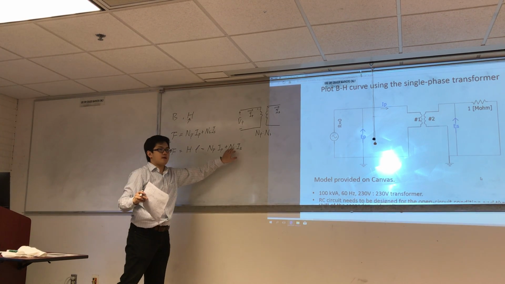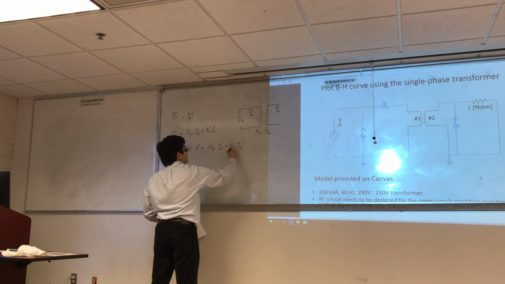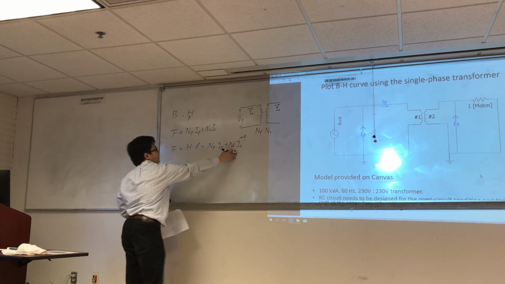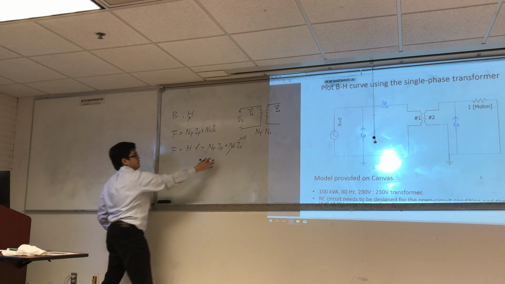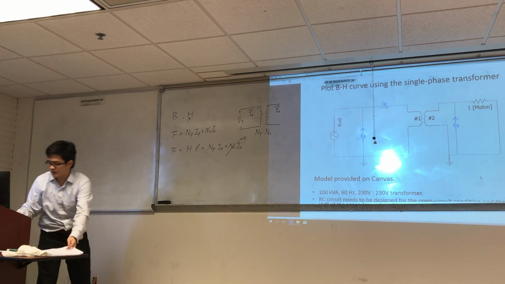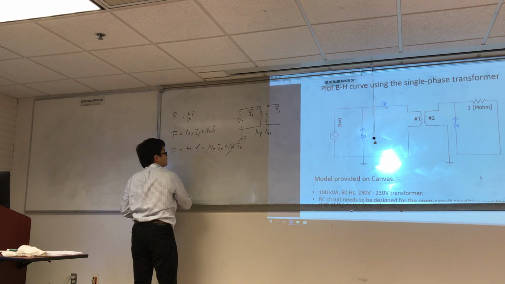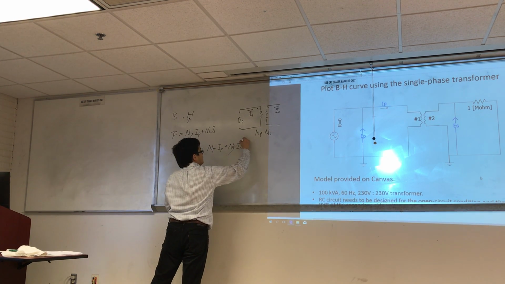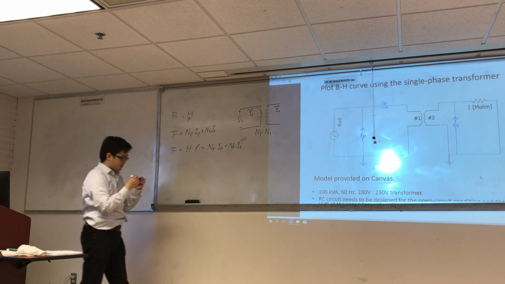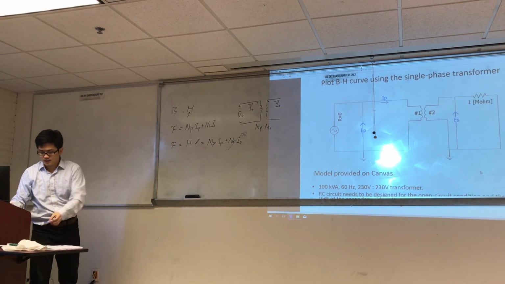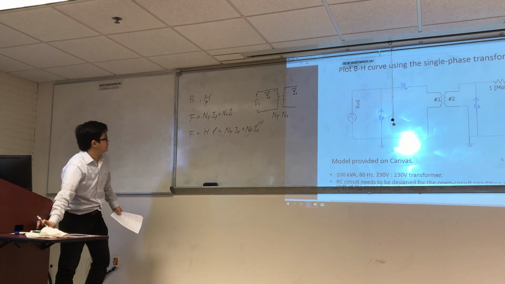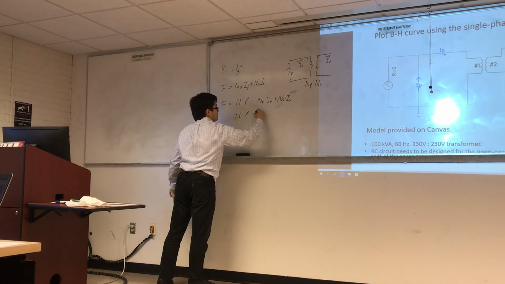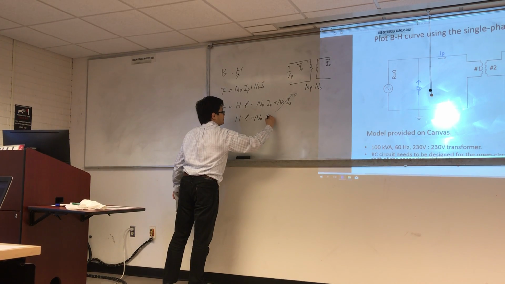If your IS is very small, we can ignore this part, right? And then let me use another color. If this one is very small, we can ignore that. Then your H times L equals NP times IP.